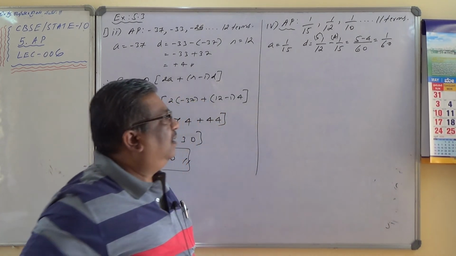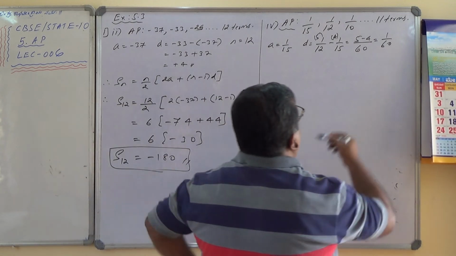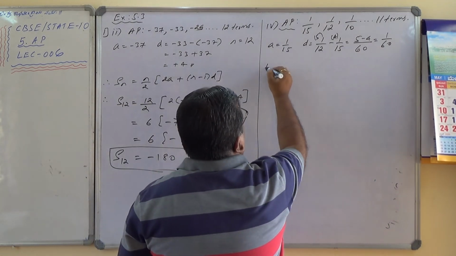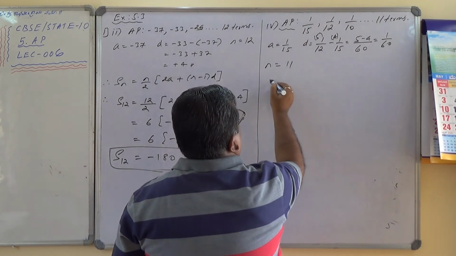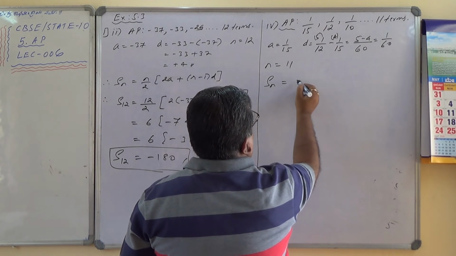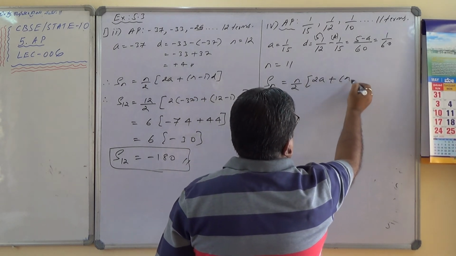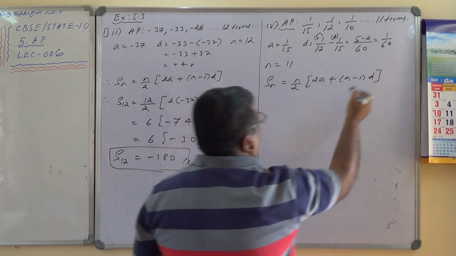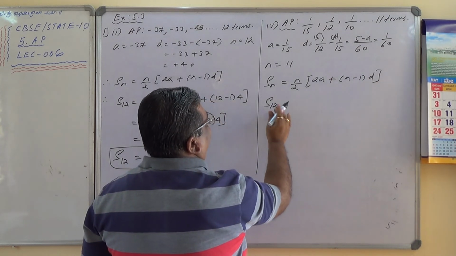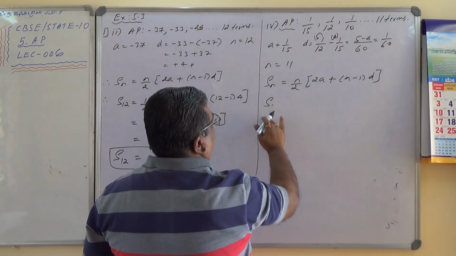Next, 1 by 60 is the common difference. What is n here? 11 terms. Therefore, the sum of first n terms is given by n by 2, 2a plus n minus 1 times d. This is the formula. Here we have to find out the sum of first 11 terms.